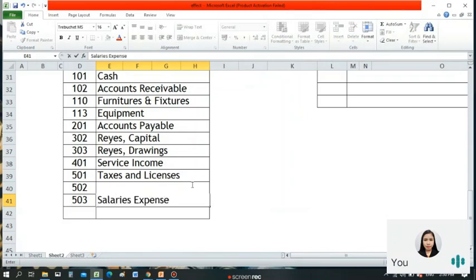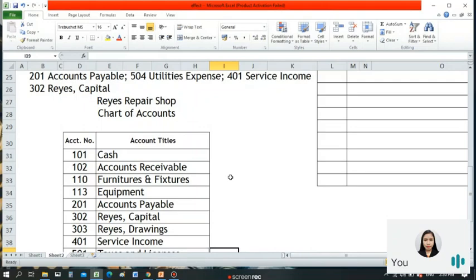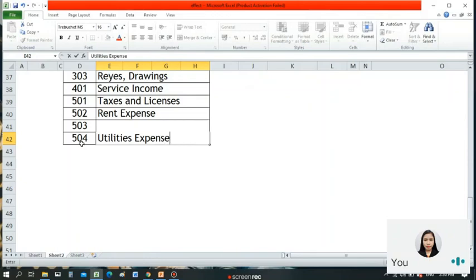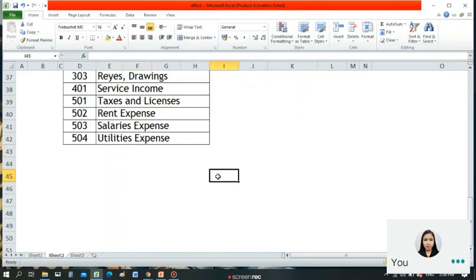And last is 504 utilities expense. So you already know that you must write the salaries and utilities in plural form. Walang salary expense at walang utility expense.